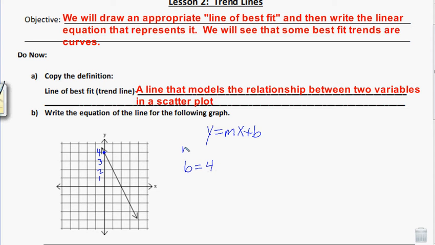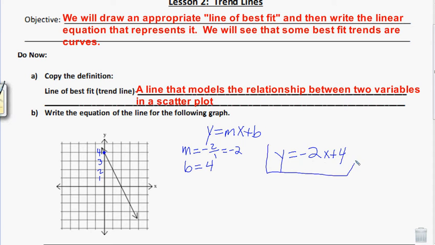The slope, which we use the letter m for, looks like it goes down 2 over 1, down 2 over 1, down 2 over 1. Negative 2 over 1 is the same thing as a negative 2. So the equation can be written as y equals negative 2x plus 4.